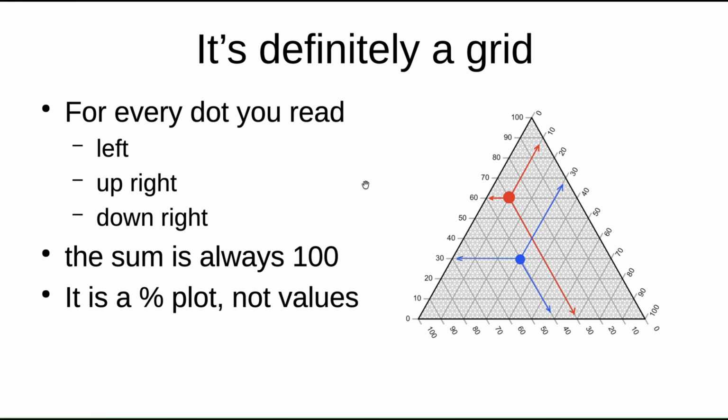To be more precise, for every dot you follow the grid to the left, read the value on this scale, then upright go to the second scale and downright to the third one. If you are doing it correctly, the sum of those values is always 100%. Which also means that this is a plot of the percentages or fractions, not the absolute values in your data.